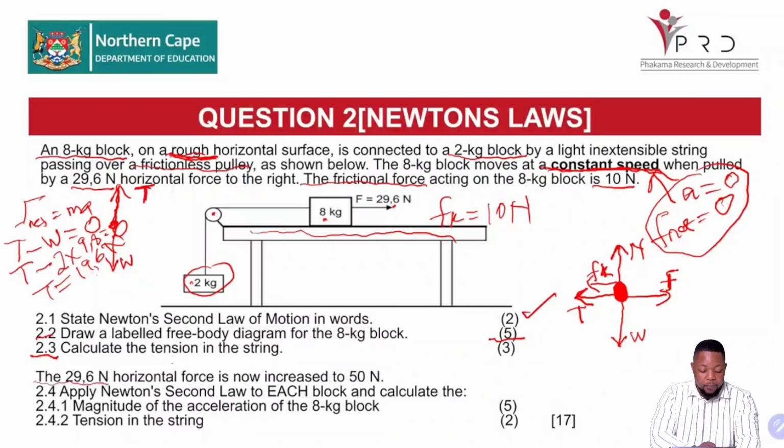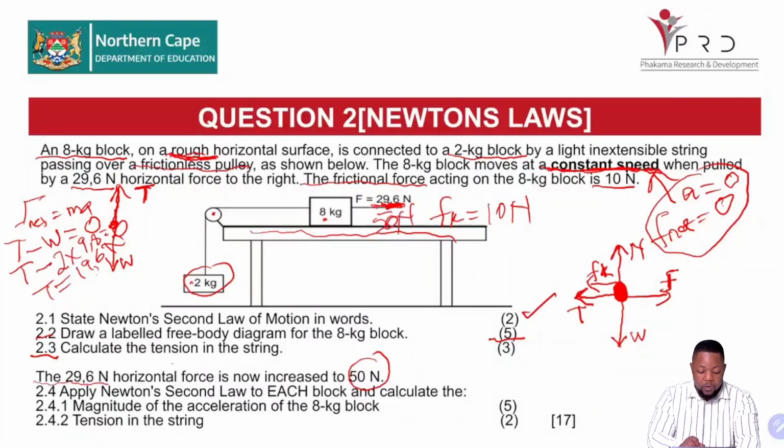Then the next question says the 29,6 newton, they're referring to this 29,6 newton horizontal force, is now increased to 50. So we are increasing this force. Remember, initially they were moving at a constant velocity. Now this force is increased to 50 newtons.